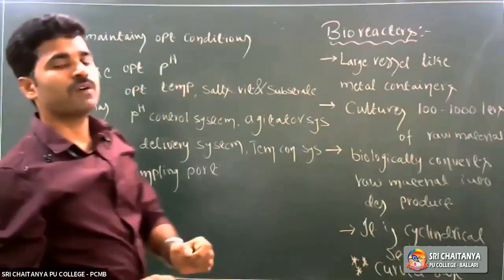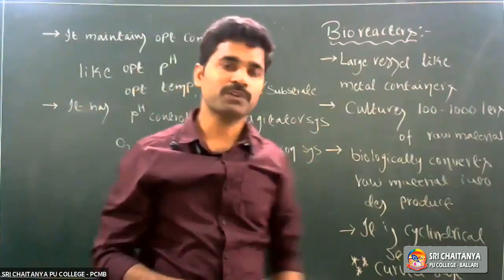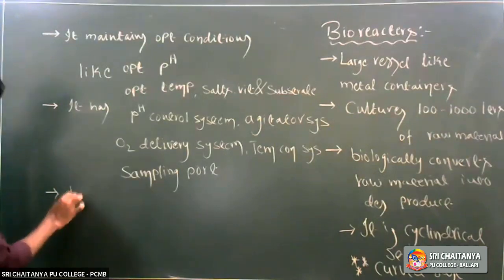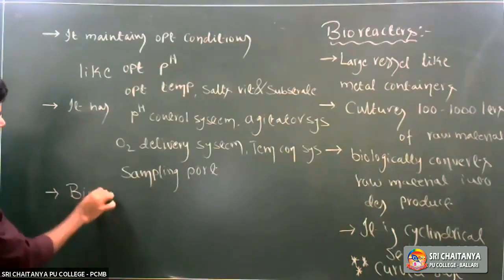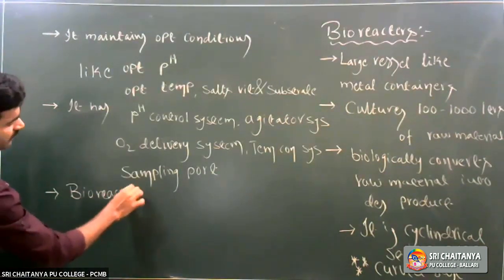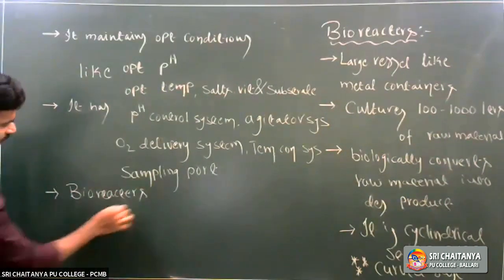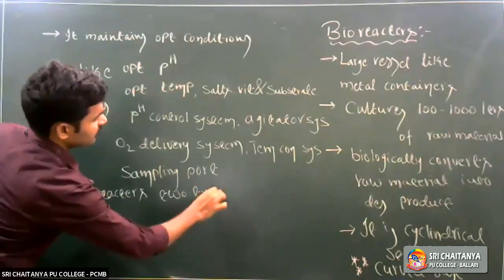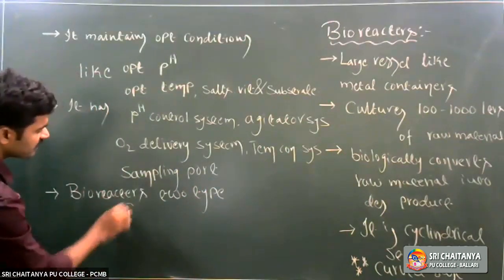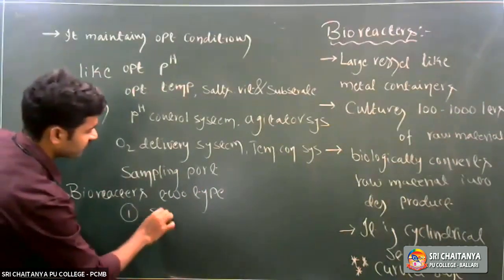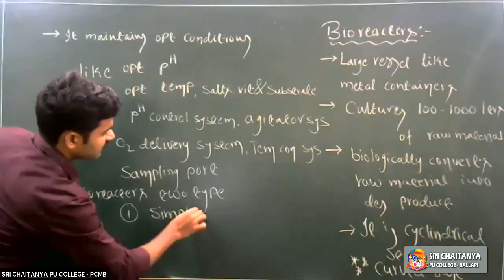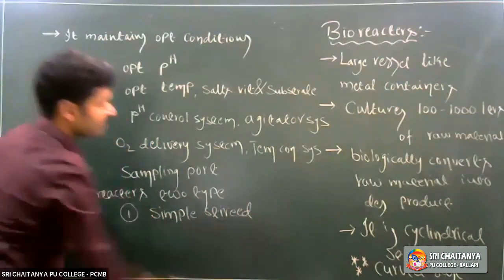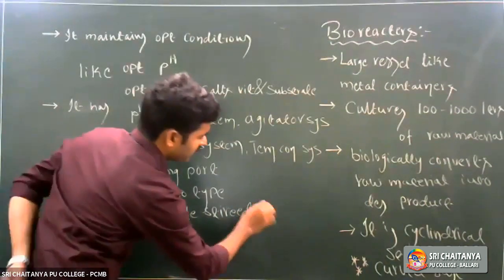So overall, bioreactors can be classified into two types. What are they? First one, simple stirred tank bioreactor.